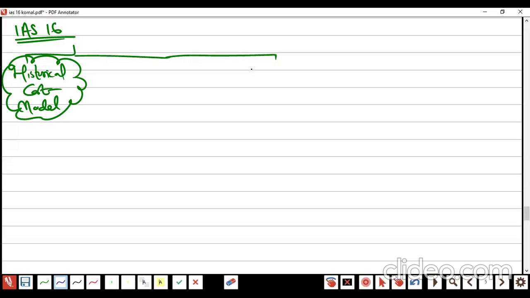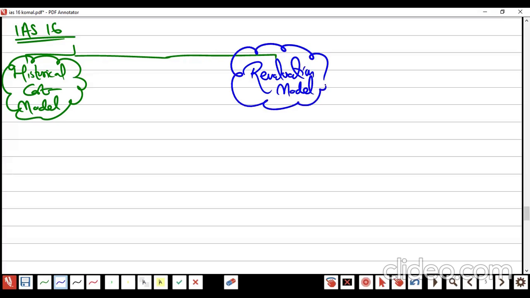So IAS said, yes, there is another option, which is called the revaluation model. Revaluation model means you incorporate the market value every year, and you must incorporate the market value. But one thing, you must be consistent in that.